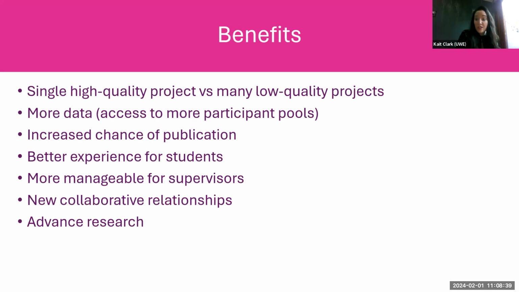We have access to more data. In psychology, we often have participant pools, and across multiple universities we have access to more of them, so we potentially have more statistical power and the opportunity to reach more participants. By having this one larger high quality project, we have an increased chance of publication.